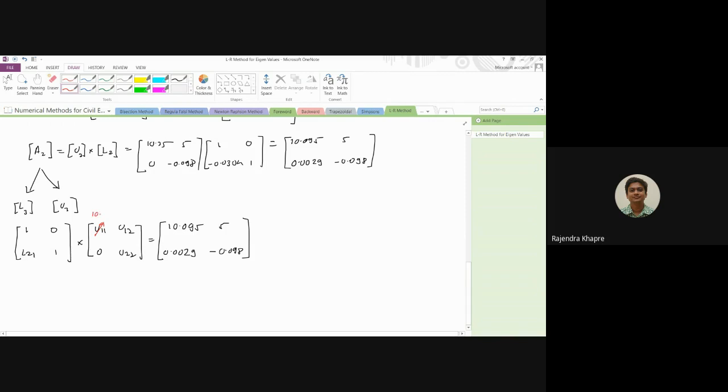Again, if you do the calculations, I am sure the U11 value is going to be the same, that is 10.095. This value will be definitely 5. Please give me the value of L21 and U22.